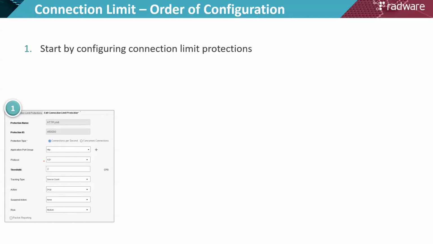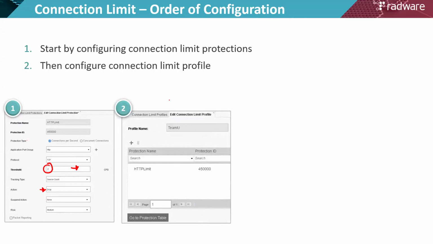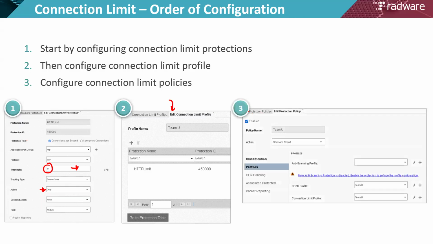If we are getting a large number of packets above the threshold value, then the action is to drop that particular packet. This can be configured under the connection limit profiles, and the connection limit profile should be attached to a protection policy.